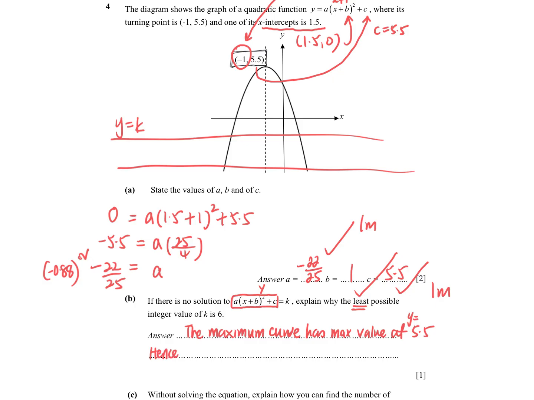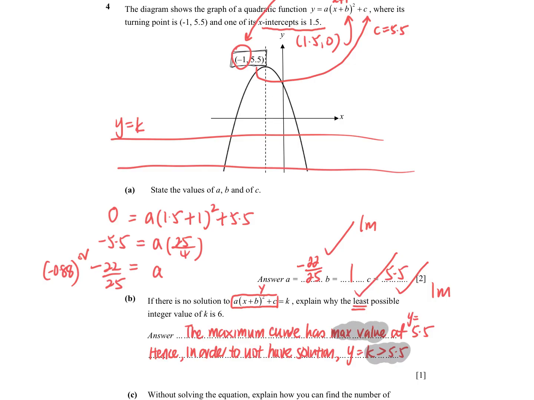Hence, in order to not have solutions, y equals to k must be greater than 5.5. So I need to see the greater than 5.5. I need to see the maximum curve mentioned somewhere.